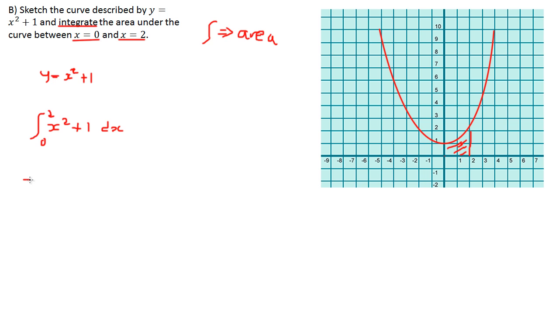Now let's integrate this. Just open your square brackets, and now this will be x cubed over 3 plus x, because it's a 1. 1 becomes x, and this will be from 0 to 2.